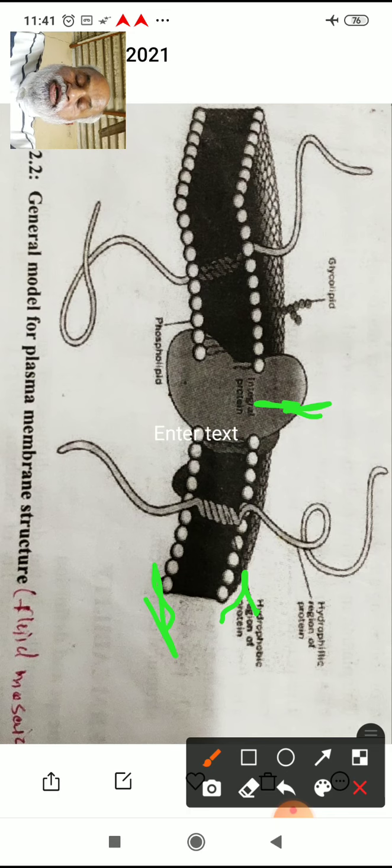Proteins also monitor and maintain the cell's chemical climate and assist in transfer of molecules across the membrane.